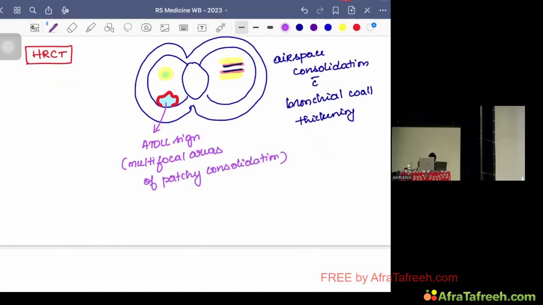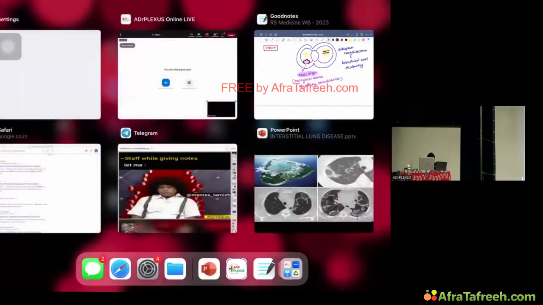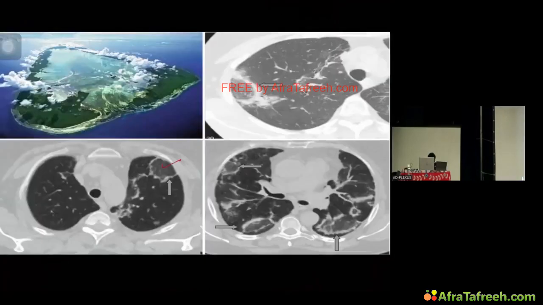There are different areas of consolidation, and that is called the Atoll sign, which looks like this. You can see here, this is one island, this is another island, like this.